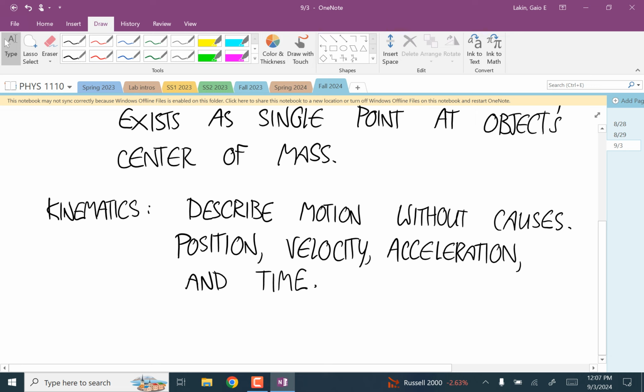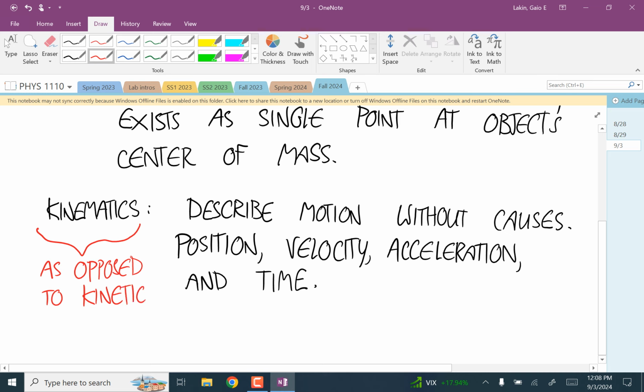This is kind of an annoying thing, but these two branches of physics have very similar names. So kinematics is as opposed to kinetics.